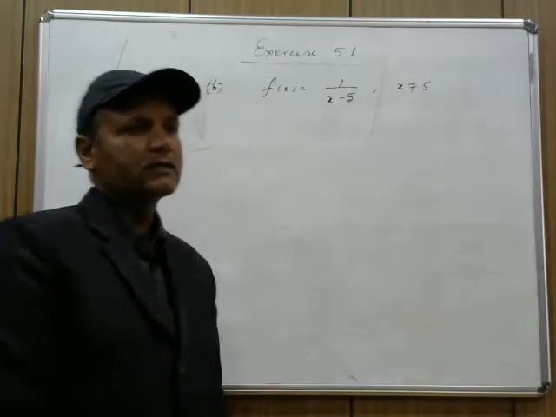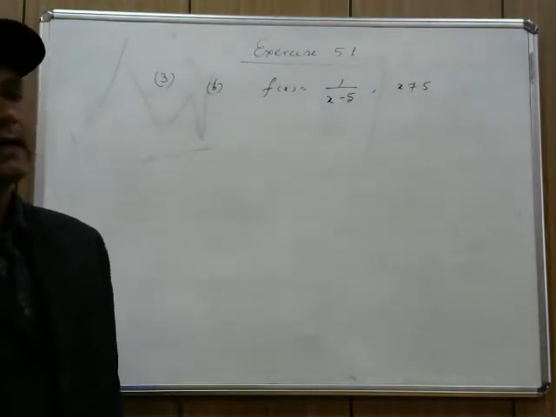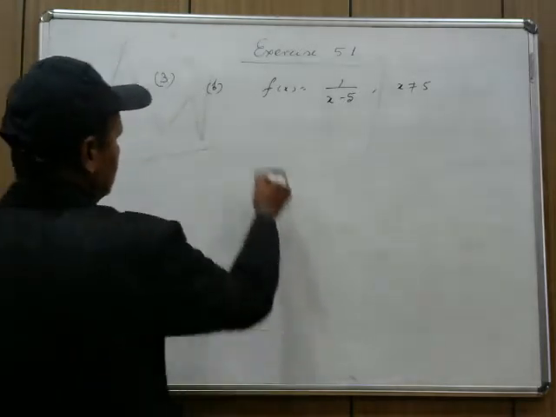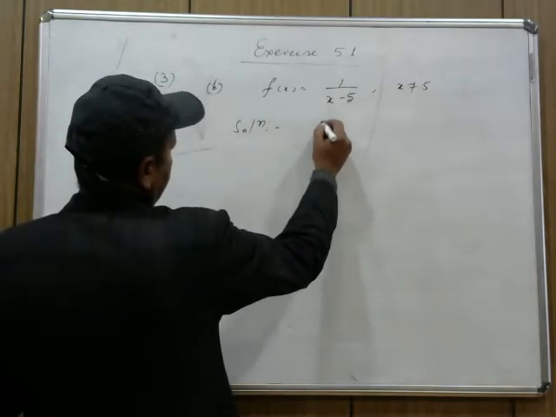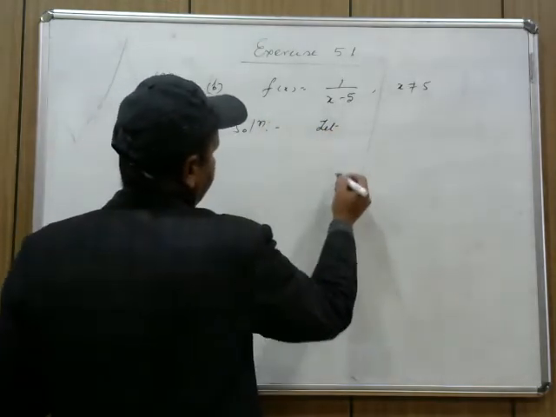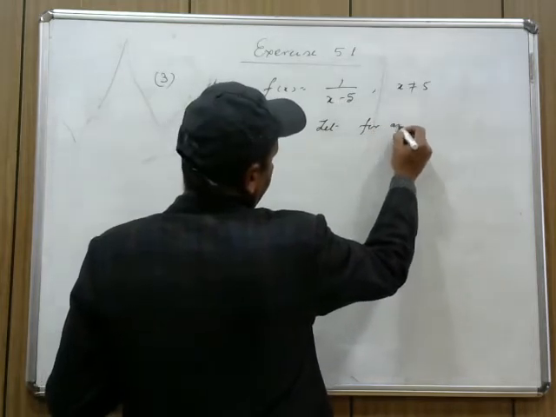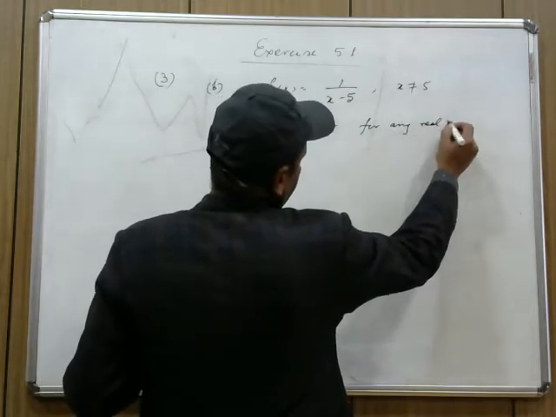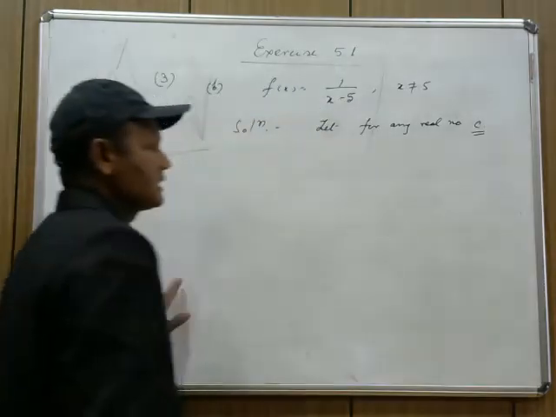Any particular point is not given. That's why what I will do, I will check at any real number C. Let, for any real number C, that is at any particular point C, I will check.